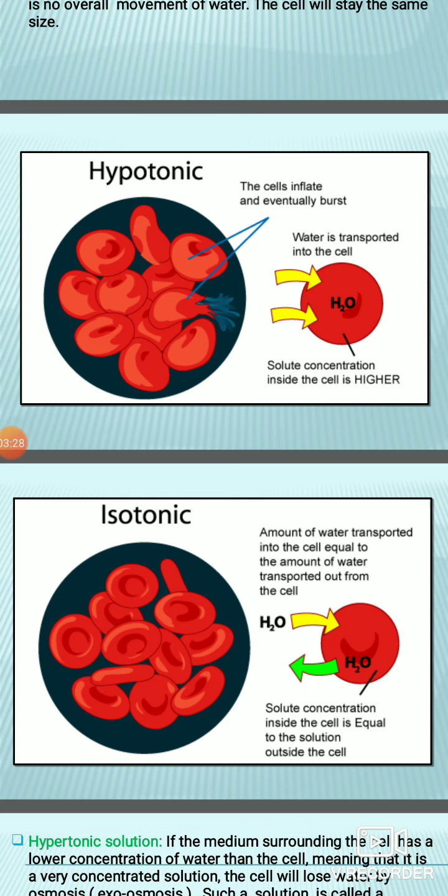The amount of water entering the RBC, denoted by the yellow arrow, and the amount of water coming out of the RBC, denoted by the green color, are equal. So the water will keep on moving inside the cell, and at the same time the same amount of water will keep on coming outside the cell. So there will be no change in the size of the cell and the cell will remain as it is.